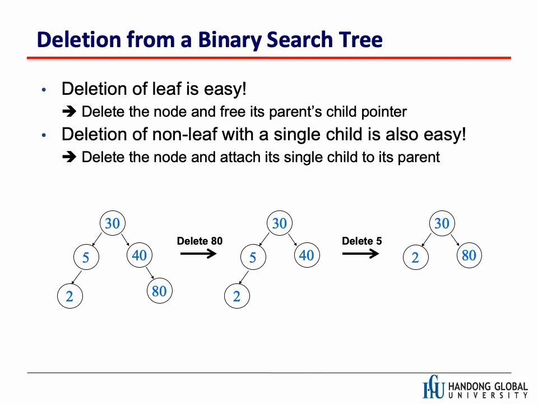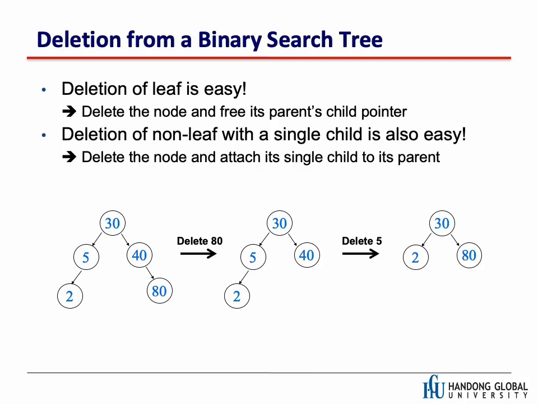In that case, it is simple. We delete 5 and 7 will be the left child of 30. So either case will be the same. If we have just one left child or just one right child, that's the same case.